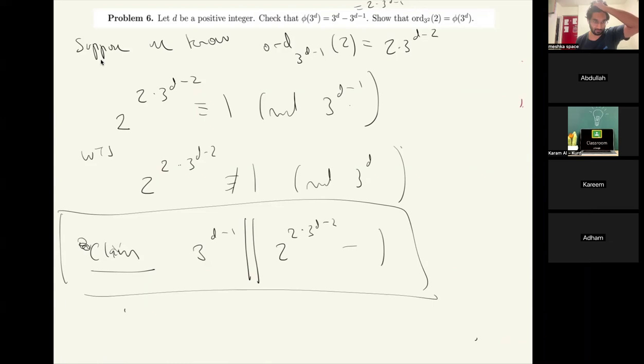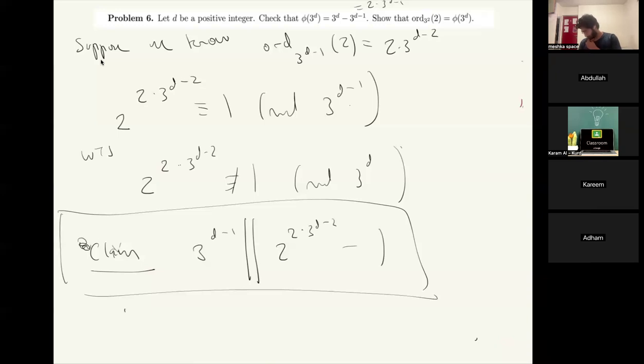This claim is equivalent to 2 to the d, 3 to the d minus 1, fully divides 2 to the 3 to the d minus 2 minus 1, or 3 to the d minus 1 fully divides 2 to the 3 to the d minus 2 plus 1, because as Abdullah says, 2 to the 3 to the d minus 2 minus 1 and plus 1, these two numbers differ by 2, so they can't both be multiples of 3.